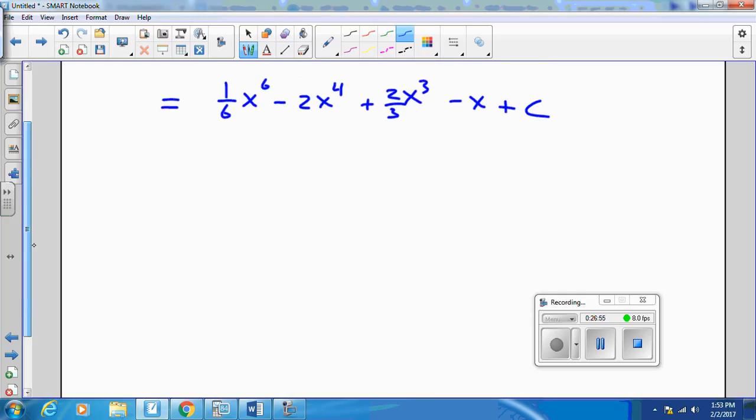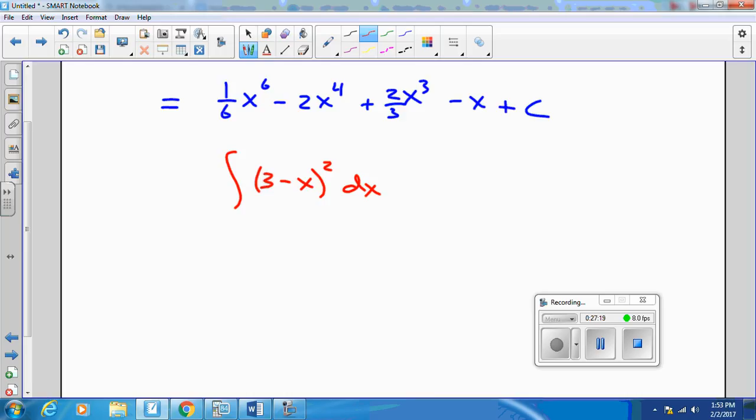Okay, let's consider this one. Ooh, this is interesting. What's interesting about it is there is somewhat of a temptation to just integrate the outside form, right?